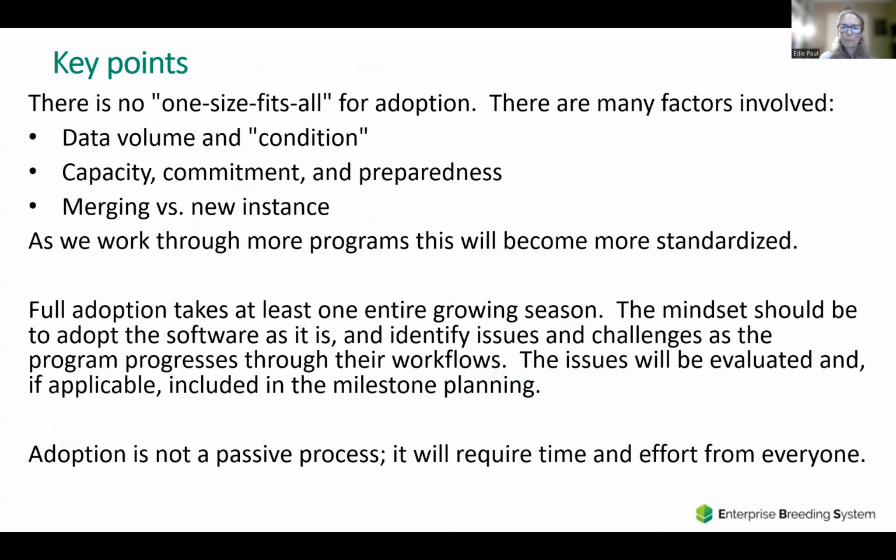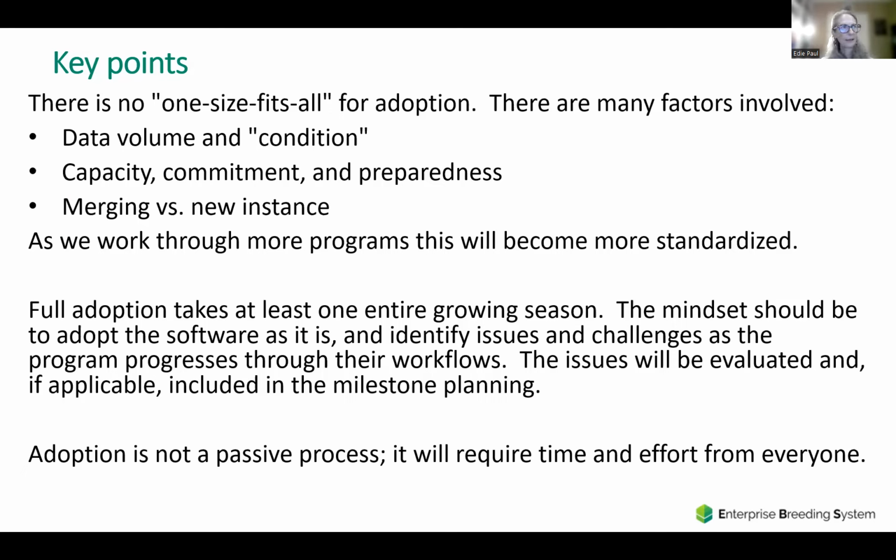So some key points about this. There really is no one size fits all for adoption. We can't say this takes exactly 6 months, or a time frame. There are a lot of factors involved, including the data volume and the condition.